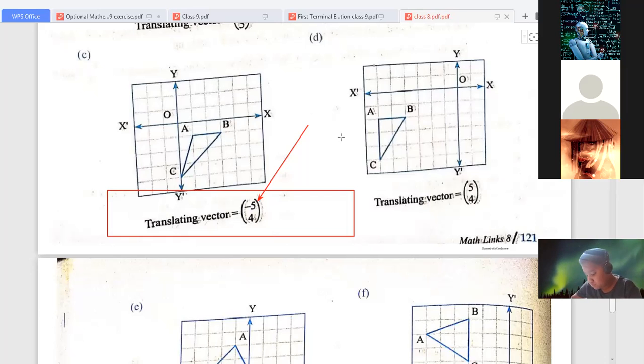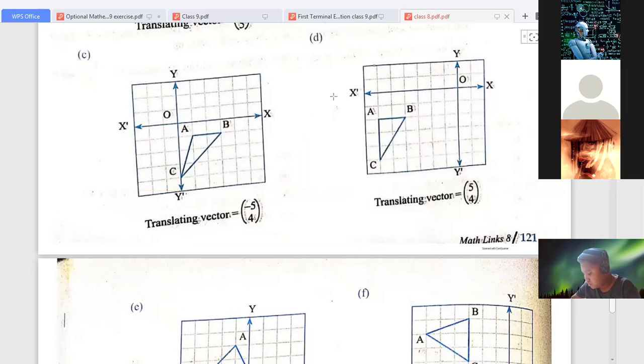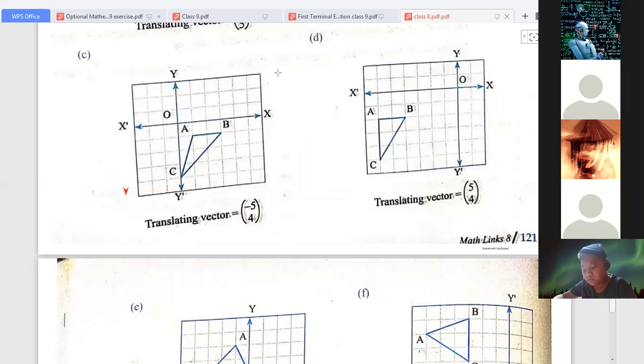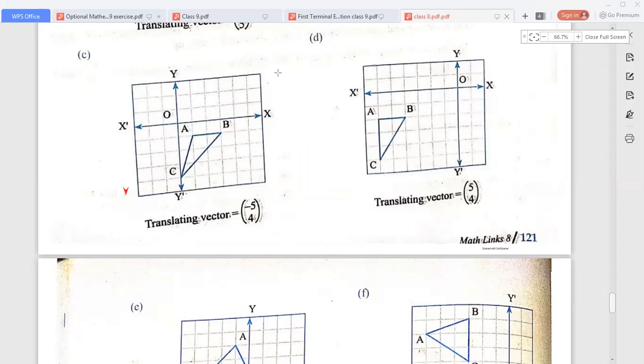Okay, let me check whether another student is understanding or not. Okay, Mr. Purak Pradhan. Yes, sir. Mr. Purak, one question for you. Are you ready to answer? Yes, sir. Okay, Mr. Purak, this is the translation vector. How do we read this translation vector? 5, 4.